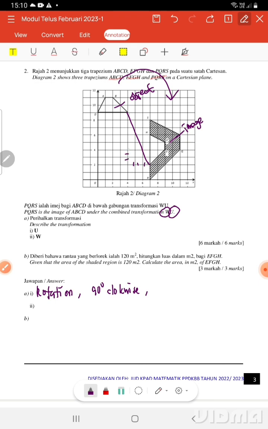Let me try first, I'm not sure my answer is correct or not. 1 2 3, 1 2 3 4, 1 2 3 4 5 6 7, 1 2 3.